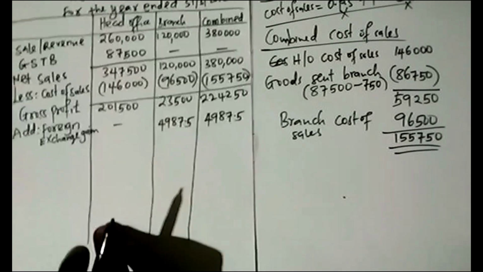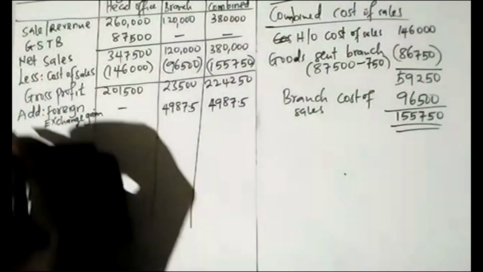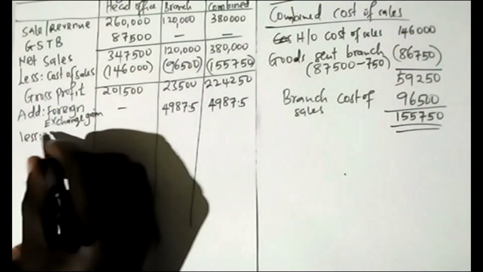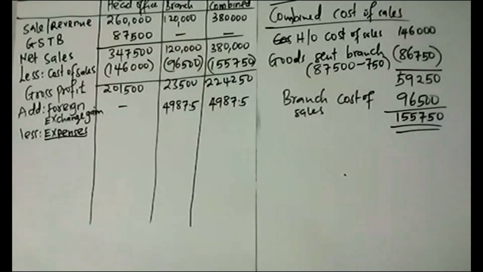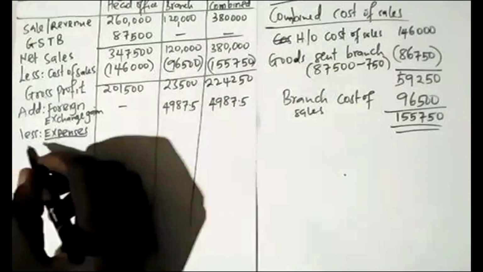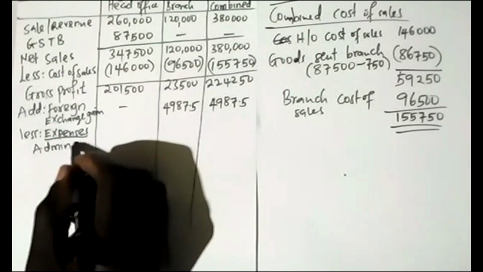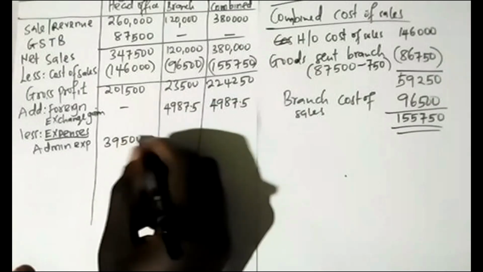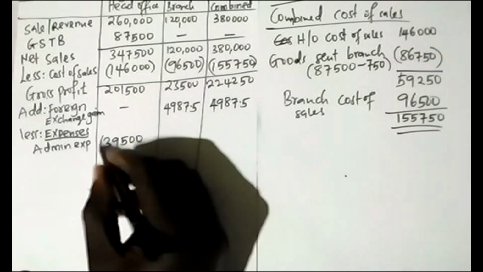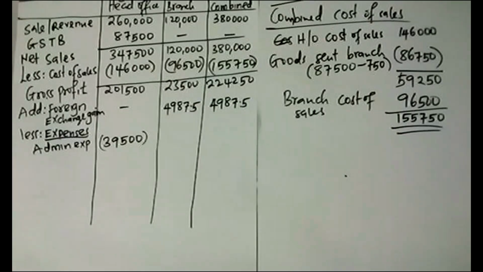So then we raise expenses. We have some which are direct from the trial balance, like admin expense. For the head office, it was 39,500. But for the branch, remember they said that the admin was including depreciation of machinery, according to note 1.